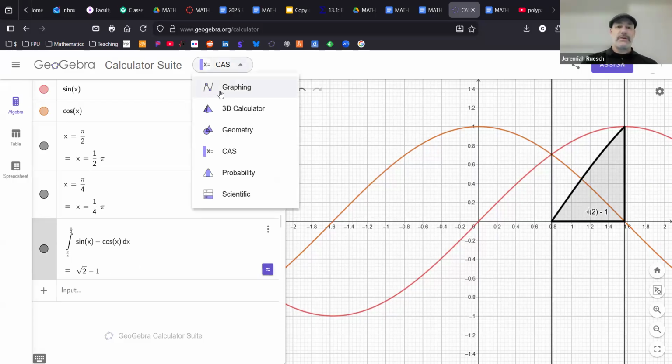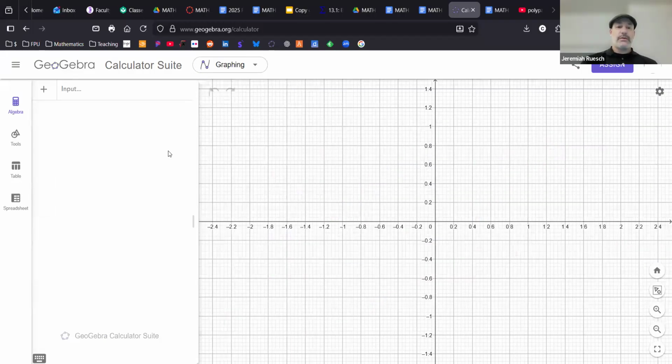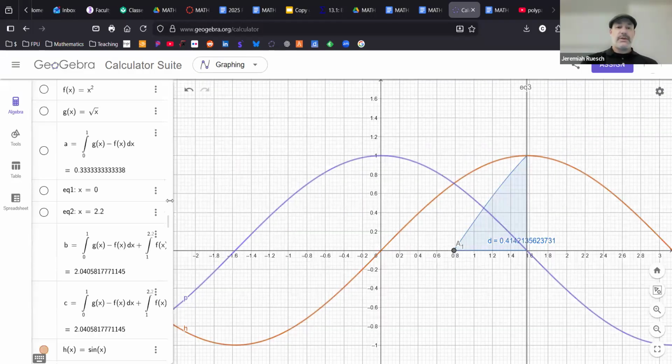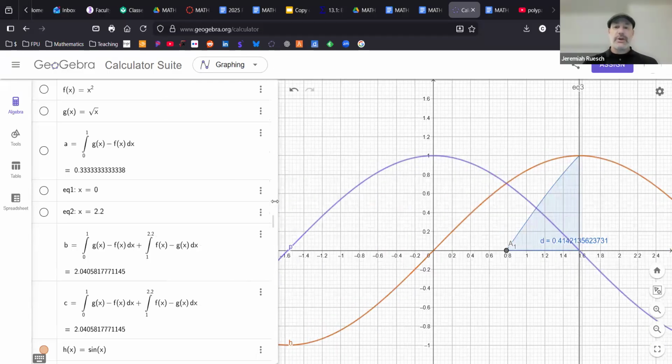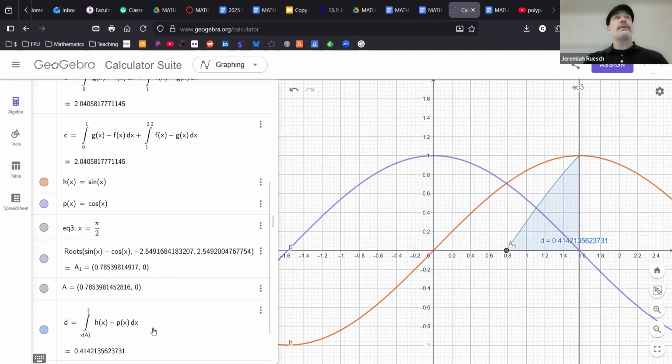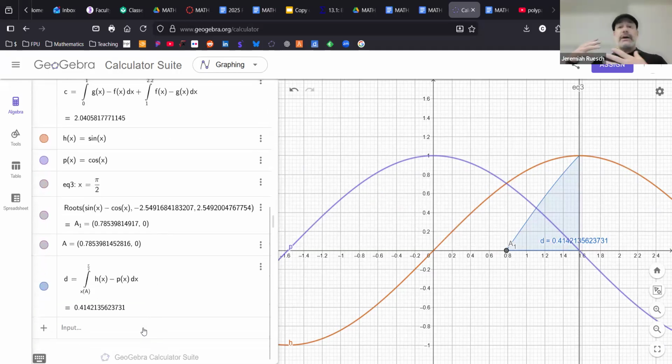Typically, the way GeoGebra handles it in the graphing session is it does a numerical integration. So it won't give you really nice closed form values including pi's and stuff like that. It'll give you these decimal approximations, because it's integrating numerically.